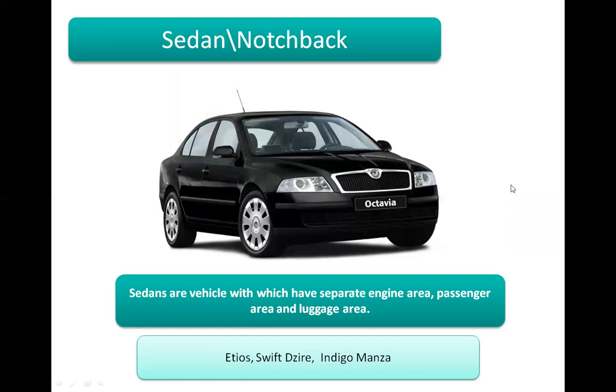Then what are the sedan and notchback vehicles? Sedans are vehicles which have separate engine area, passenger area, and luggage area. Examples of sedan and notchback vehicles are Etios, Swift Dzire, and Indigo Manza.